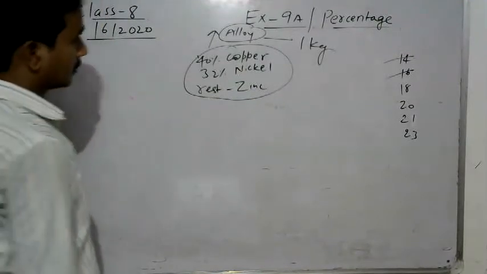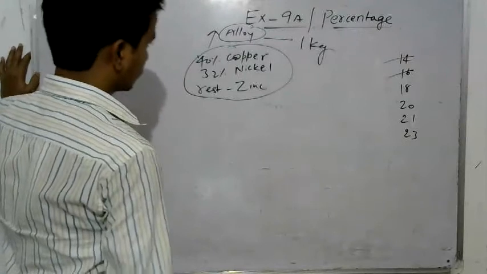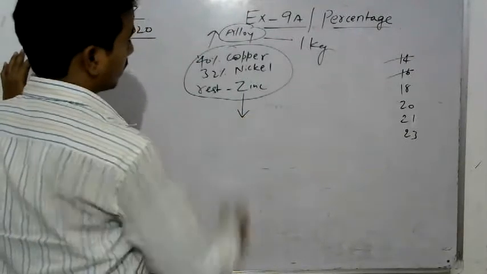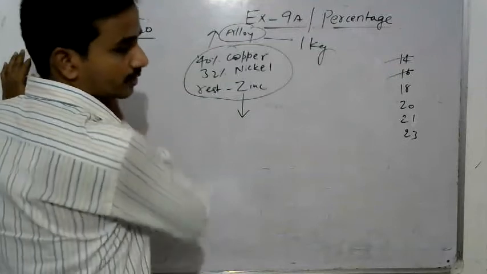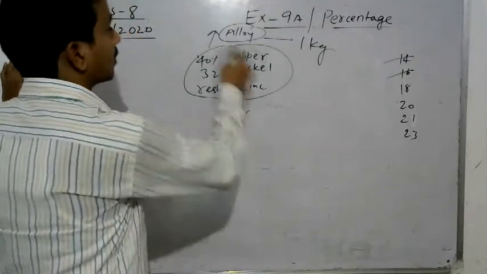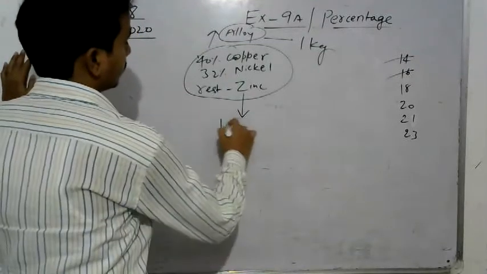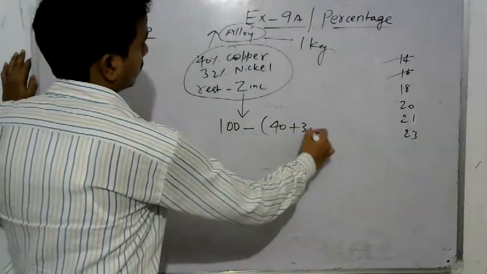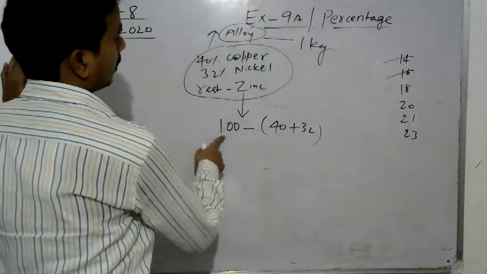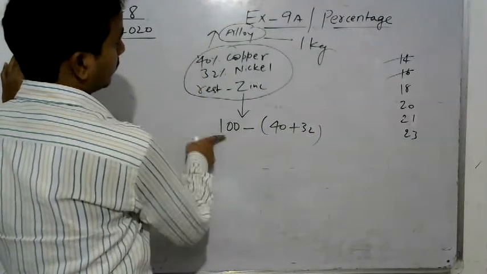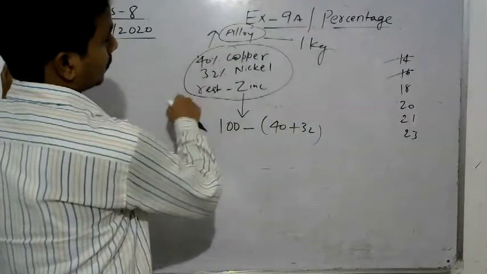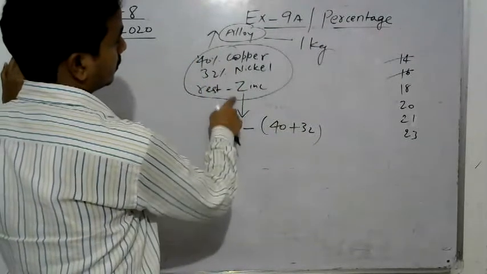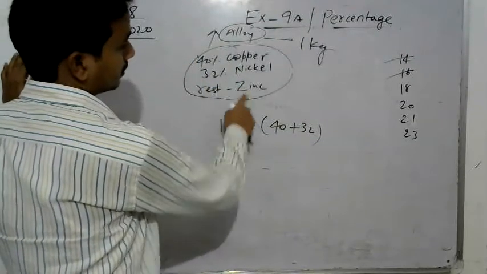What is the percentage of zinc in this alloy? The percentage of zinc will be 100 minus (40 plus 32). The total percent is 100, out of which 40% is copper, 32% is nickel, and the remaining is zinc.